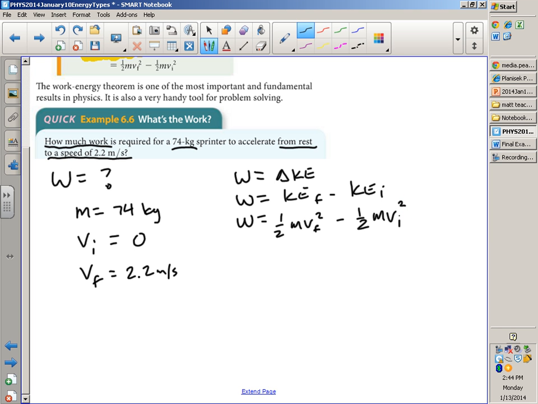Well, more generally the initial one, right? So we start plugging in things we know. 1/2, 74 goes here. 2.2 goes here. Make sure we square that. Minus 1/2. Mass is still 74. We figured out that the initial velocity was 0.